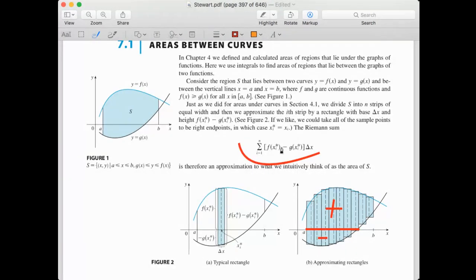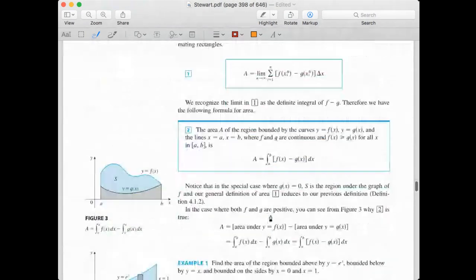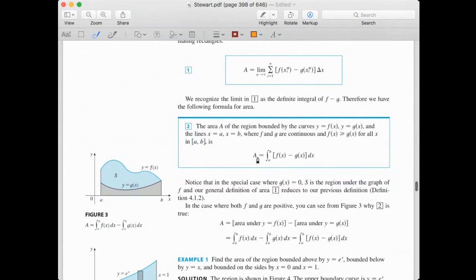So we can write it this way, f minus g. That's why we get area equals the integral from a to b of the function on the top, subtract the function on the bottom, then dx. The idea is the same, from a finite approximation to the infinite world, to be exact.